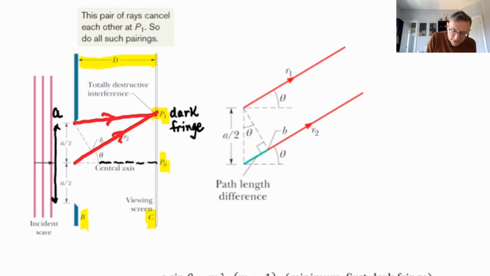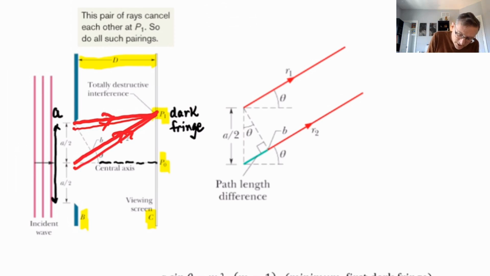And then you can imagine a little Huygens wavelet source just below that top one in the upper half slit, and just below that top one in the lower half slit. And you can take those rays to P1, there and there. And you want those two to destructively interfere with each other.